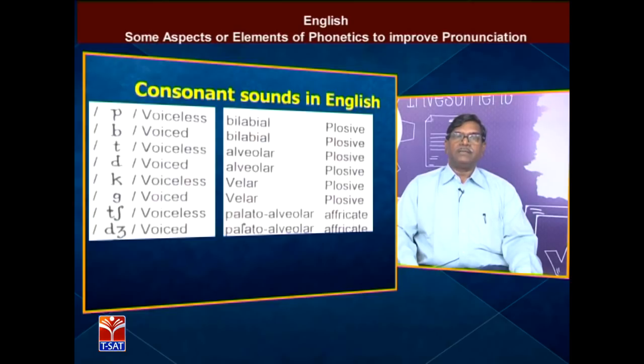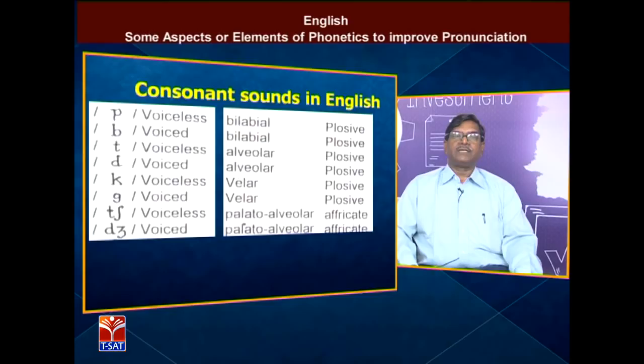Similarly, B, T, D, K, G. These are the symbols. Ch, J. One is voiceless sound, the other is voiced sound.